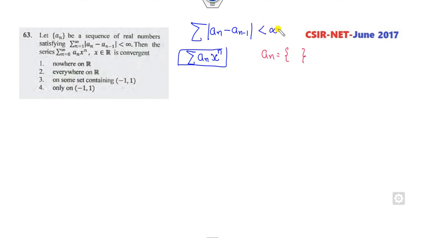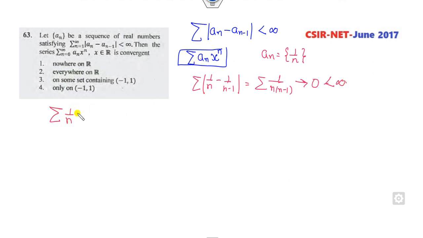Less than infinity means finite. If I simply take 1 by n, you can see 1 over n, which goes to 0 as n approaches infinity. That is finite. So what is my series? An is 1 by n. Now you can check this.